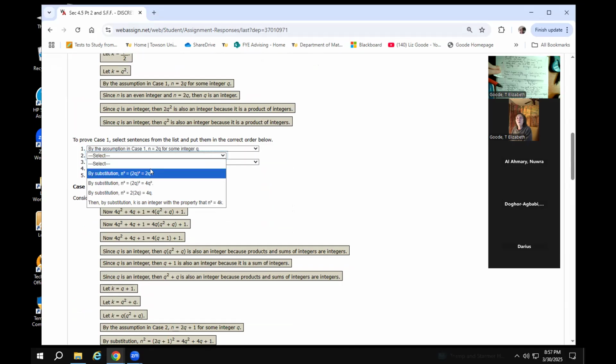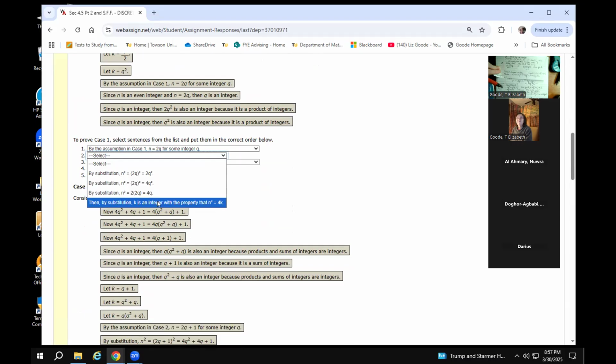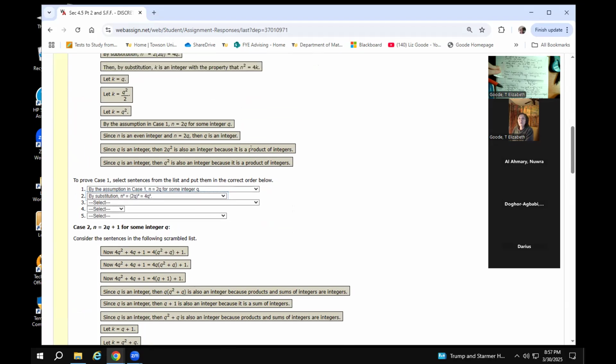Now, which of these will be right? Is n squared equal to the first or the second one or the third one or the fourth one? You can go back and look at our algebra because we did this work. And then you can look through what we were trying to prove.